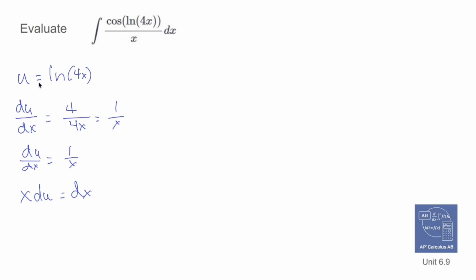Now let's take this, this, and this, and put some stuff together. We have the integral of cosine of, I called ln of 4x u, so cosine of u over x. Instead of dx, I'm calling it x du. Oh, how nice! The x's will cancel out. Oh, isn't that lovely?